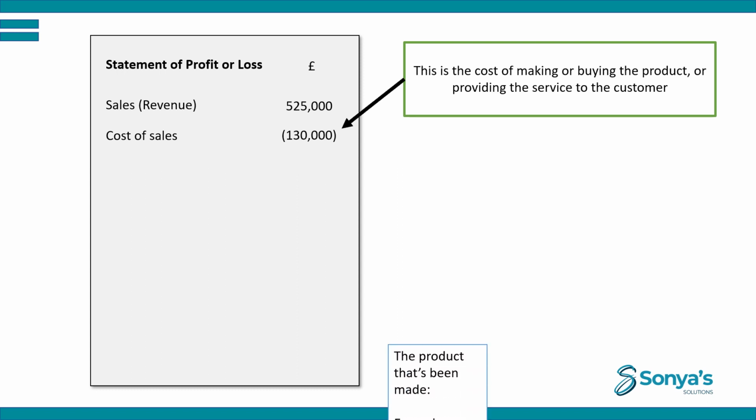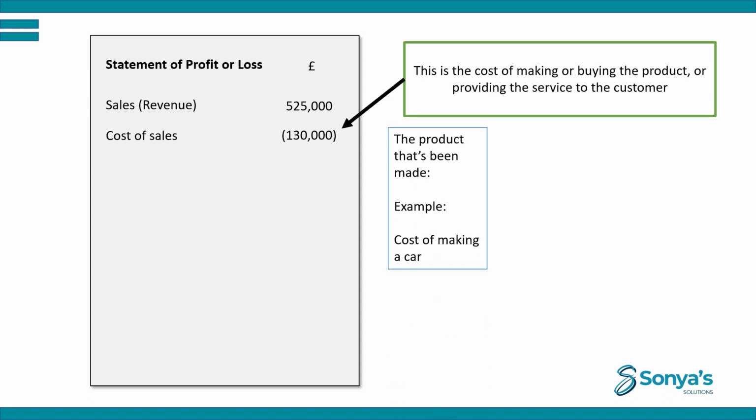For example, a car manufacturer builds cars, so the cost of building the car is the cost of sale. A supermarket sells produce, so for a supermarket, the cost of sale is what they've paid for the produce.